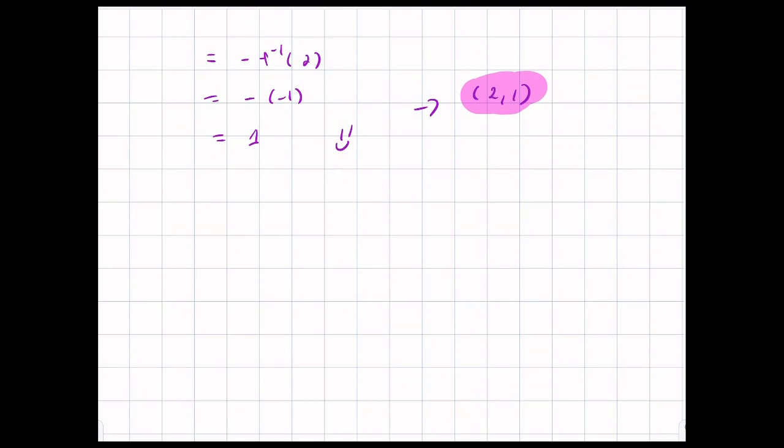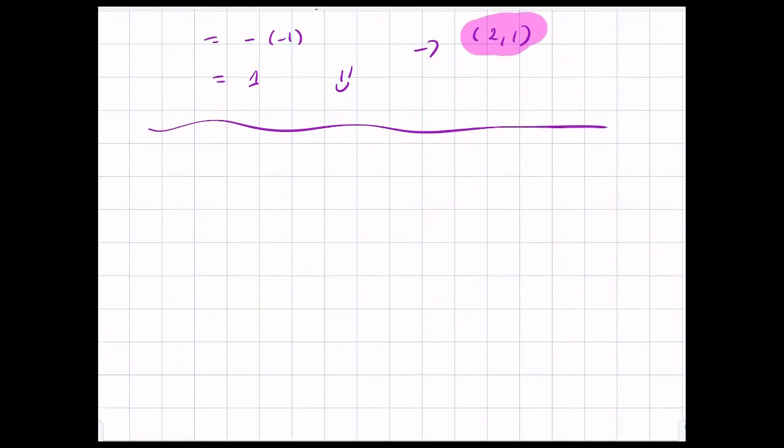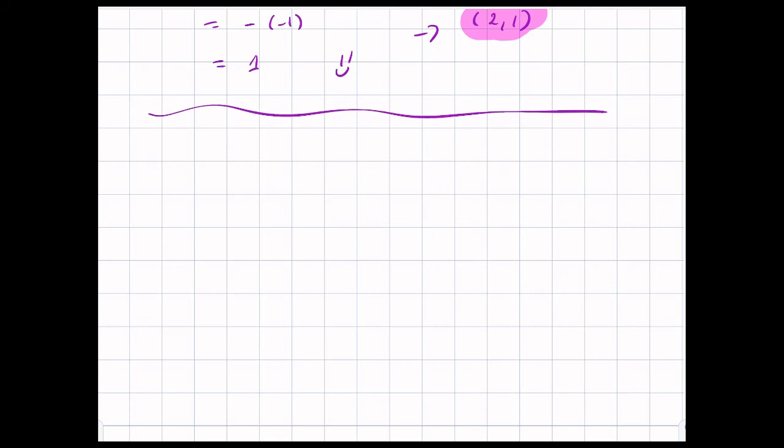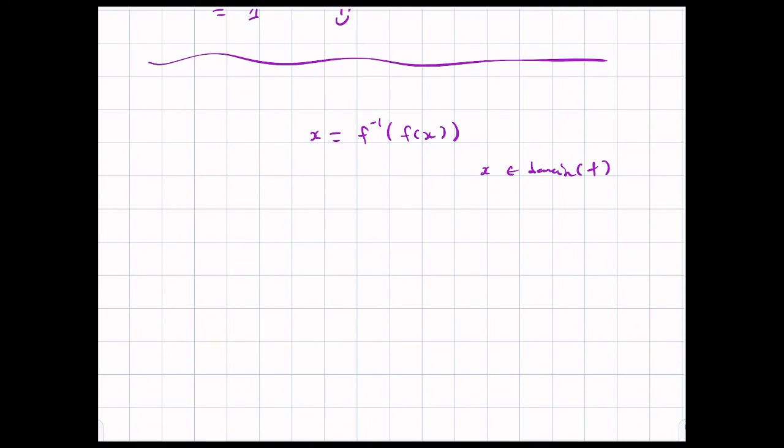And so again, just to recapitulate, the whole point of this is to get us to realize that we have this relationship, which is that x is equal to f inverse of f of x, and this is for any x in the domain of f, and similarly y is equal to f of f inverse of y.